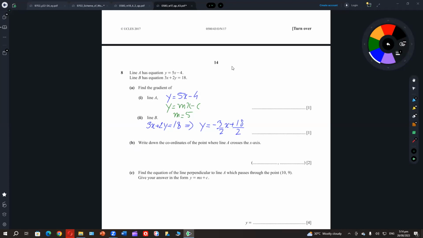For line B also? This is a general formula. This is a general approach. So learn this approach that you can convert the equation, rearrange the equation in y is equal to mx plus c.